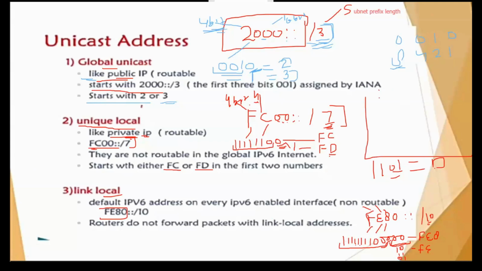FE80. Right? For F, 1, 2, 3, 4. Fine. For E, that means the value will be 14. So 8, 4, 1, 1, 1, 0, 2, 3, and 0. That will be the value for 8, 1, and 3 times 0.